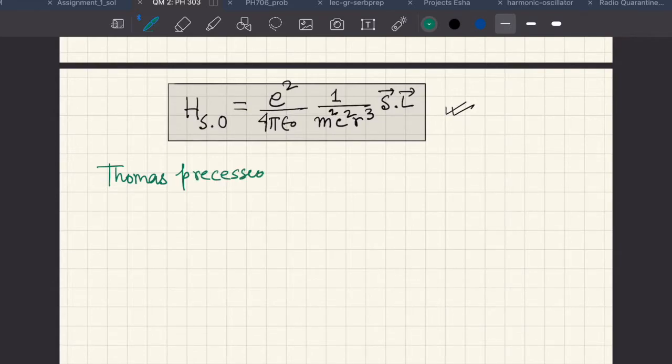But we will not go into the details of this discussion. It will be discussed again in your atomic and molecular physics course. Let me just briefly tell you the answer. The answer is very simple. If you incorporate the Thomas precession, it just throws in a factor of half.